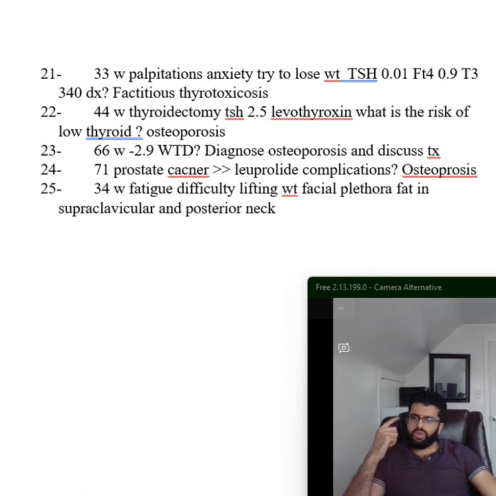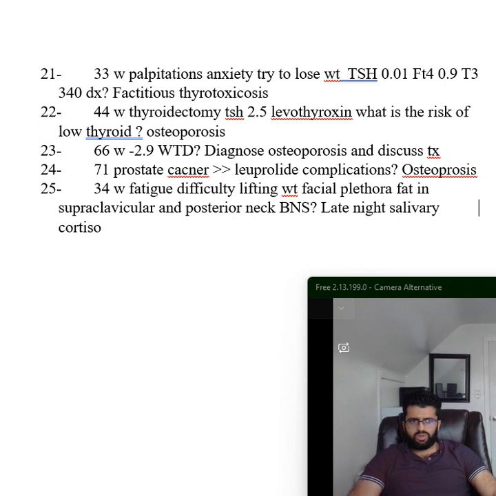Okay, and then they ask, what's the best next step, and they give a bunch of cortisol tests. The best one here is late night salivary cortisol.